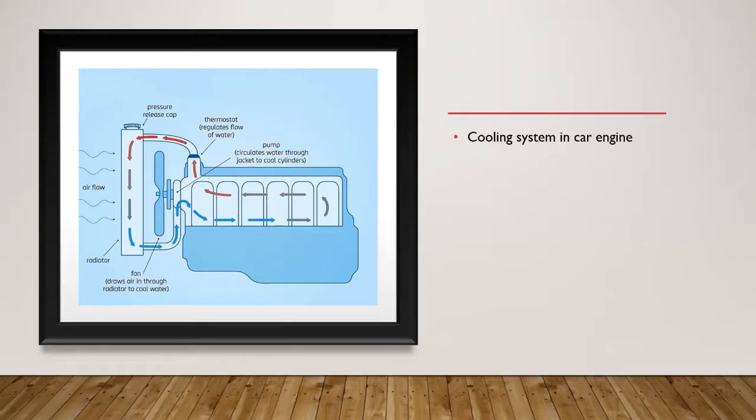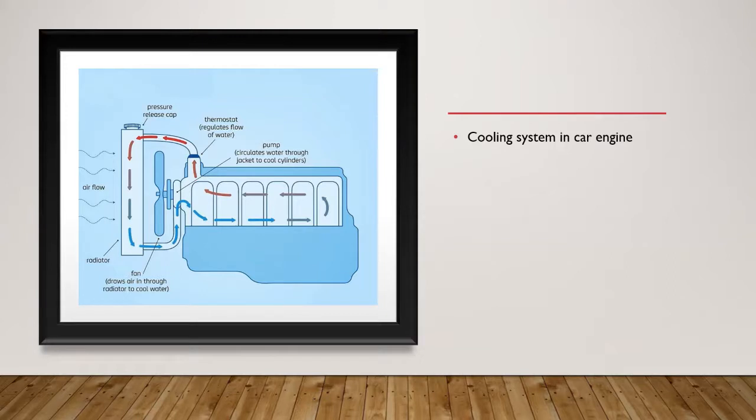Oleh itu, haba ini perlu dikeluarkan daripada kereta untuk mengelakkan pemanasan melampau terhadap enjin. Water has a high specific heat capacity and is used as a cooling agent. Seperti yang cikgu cakap sebelum ini, air mempunyai muatan haba tentu yang tinggi. Oleh itu, air ini sangat sesuai untuk dijadikan sebagai ejen penyejukan.